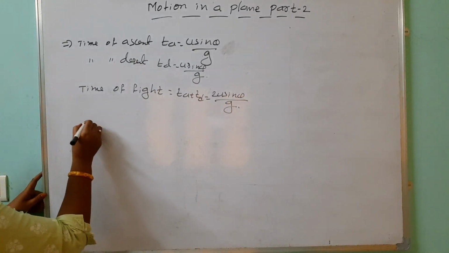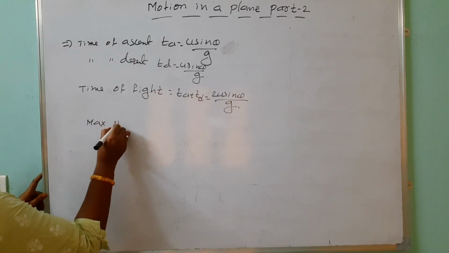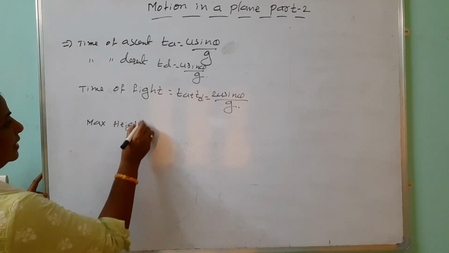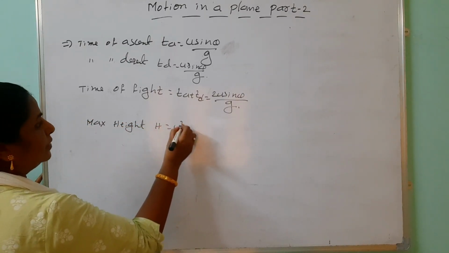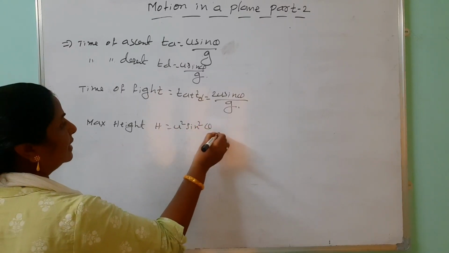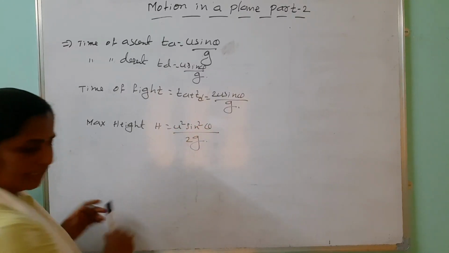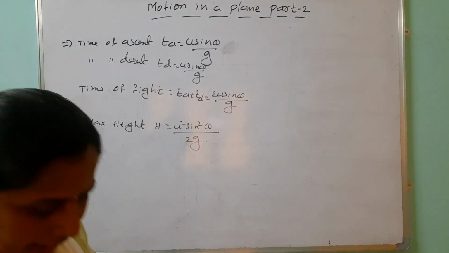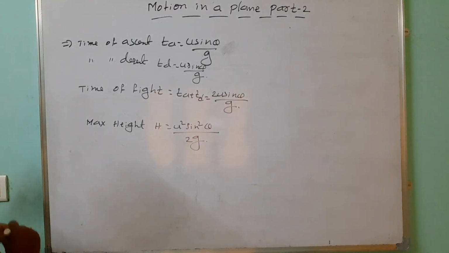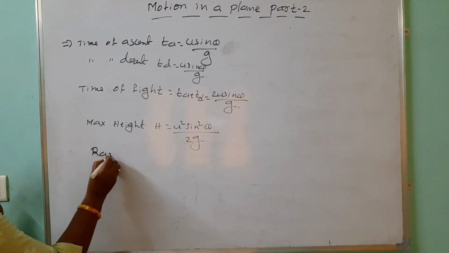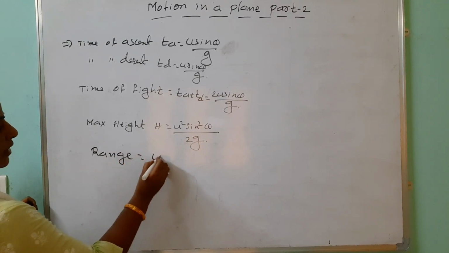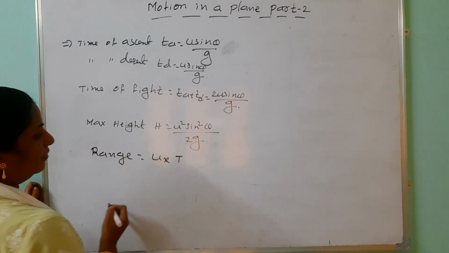Like that, maximum height. Here maximum height is how much? H equals u square sin square theta by 2g. This is the formula for maximum height. Then range, the horizontal range, is the horizontal velocity into time of flight.